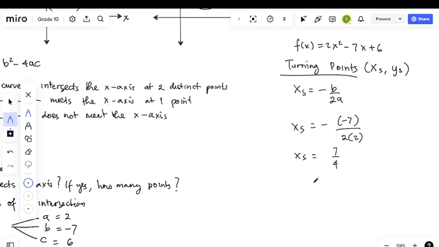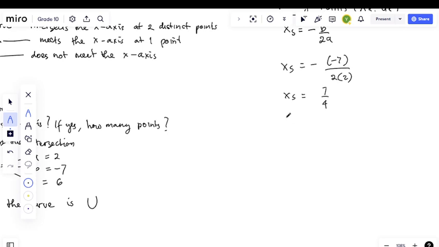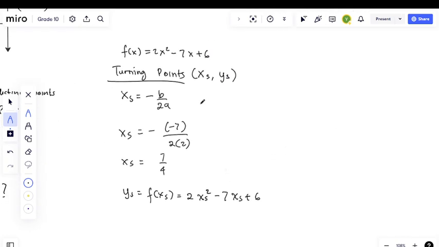Okay, and then for the ys, itu adalah fungsi x yang x-nya diganti xs. Jadi dia akan jadi 2 dikali xs-nya yang dikuadratkan, minus 7 dikali xs-nya, plus 6. As you see here, it's the same as the top, only the x now has an s.